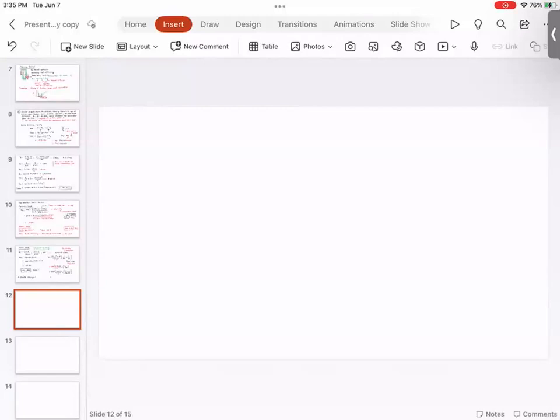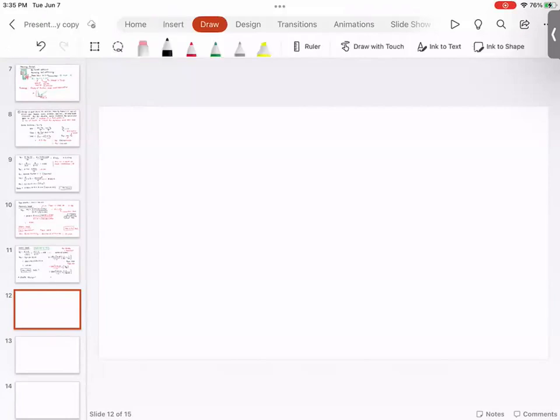Okay, so in the last part of today's lesson, we are going to talk about the helical gear. Now, first, let's understand the difference between the spur gear and the helical gear.